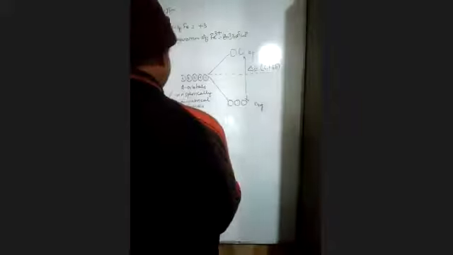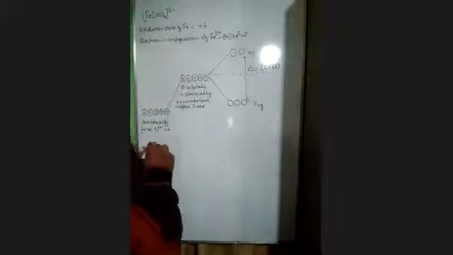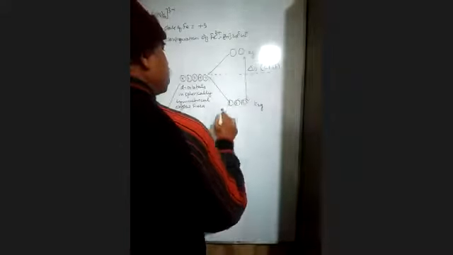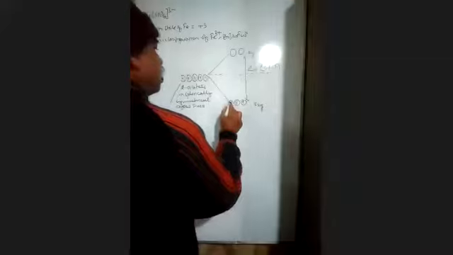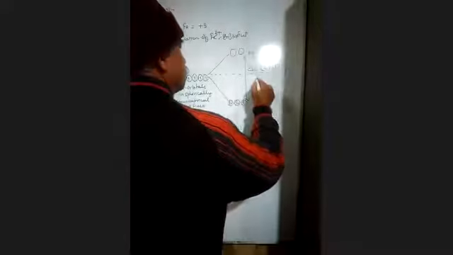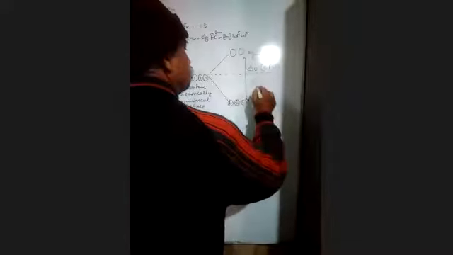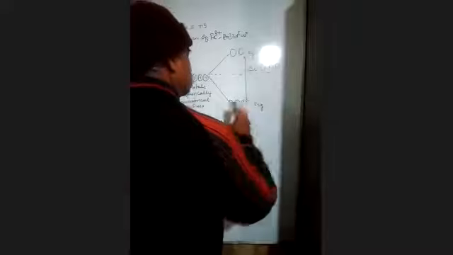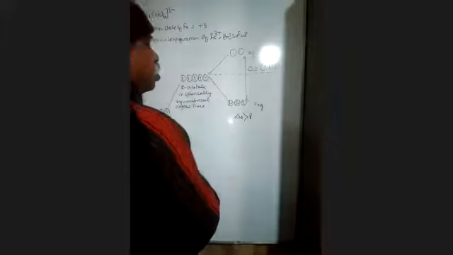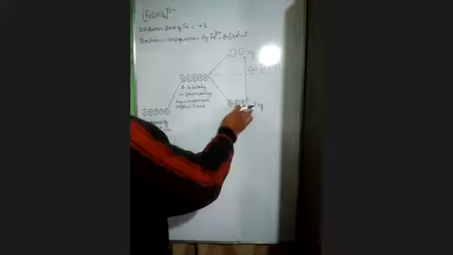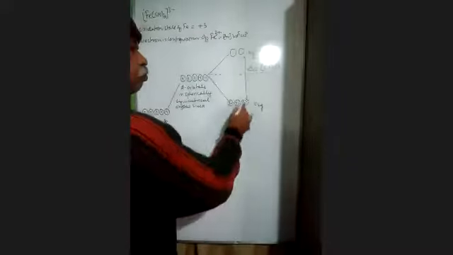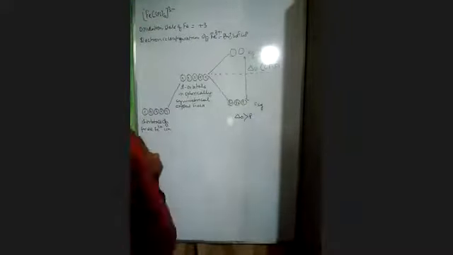Okay, now see here. This is a strong field ligand. So 1, 2, 3. Then the other two also will go for pairing up. Why? Because of this. So this proves it is only one unpaired electron. This proves that it is a low spin complex. So what is the electronic configuration?